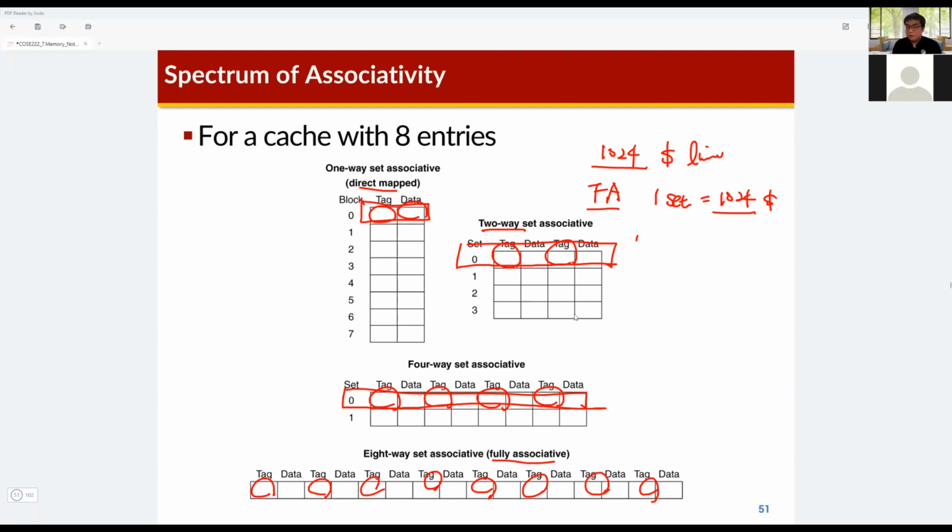So why? When data is accessed in the cache, we first calculate the index of the cache block or the index of the cache set. This index is part of the address.